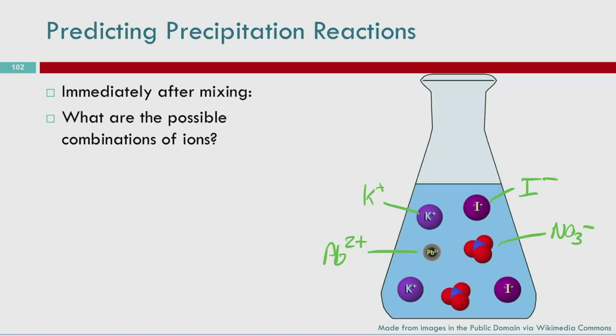If you pick randomly, you've got like a 50% chance of being correct. Potassium and iodide? Yeah, we can mix K plus and I minus. That's one possible combination. What's another pair that we can make? So that's one pair. What's another option?